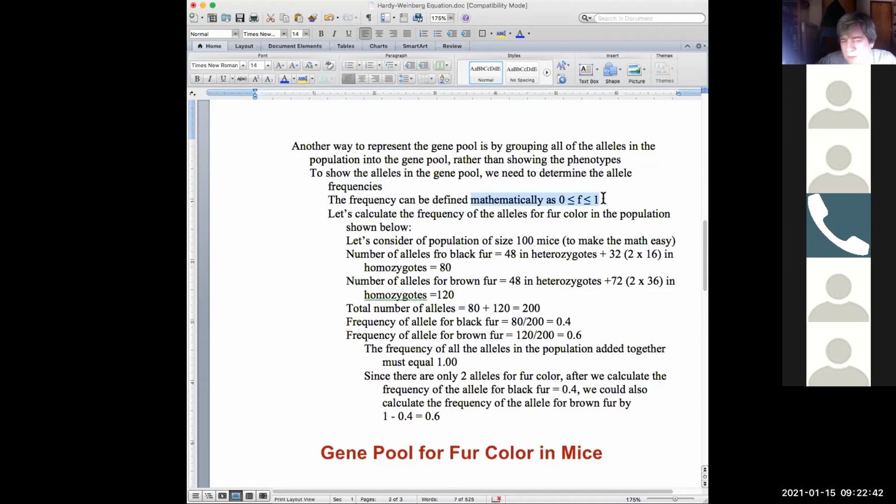I know in math we can have negative numbers, but if we're talking about our mice, we could look at a population and 0% of the mice have black fur, but we can't have minus 2% of the mice have black fur. So 0 is the smallest number that we can have. 1 is the largest number we can have because 1 represents 100%.